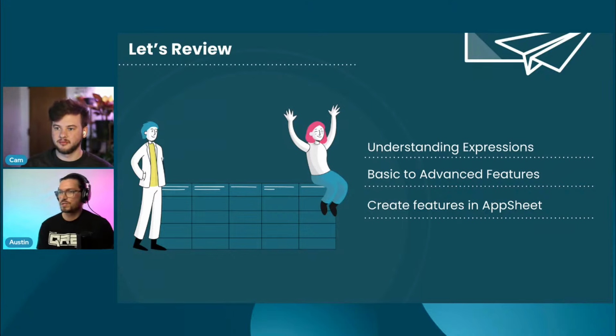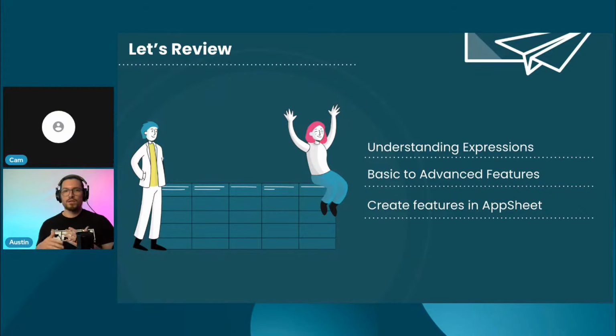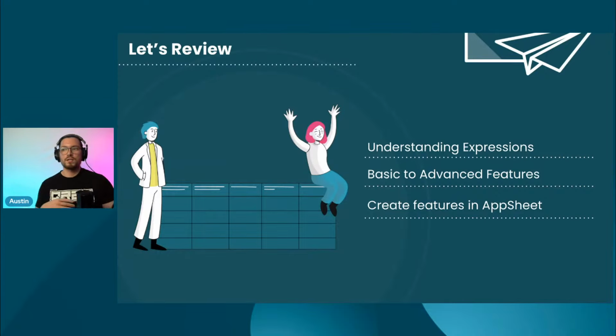Sweet. So just to review, what we did first was we looked at a basic understanding of expressions and what they're used for in AppSheet, and then we looked at creating those expressions in our employee onboarding app from basic to advanced. Cam looked at first creating the slice and how to set that up for the profile page, viewing one slice at a time, one user at a time, instead of viewing all the users.